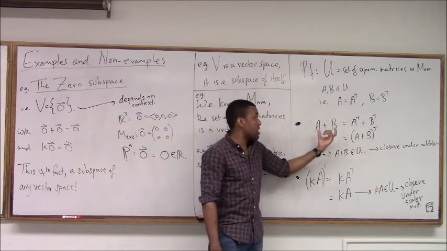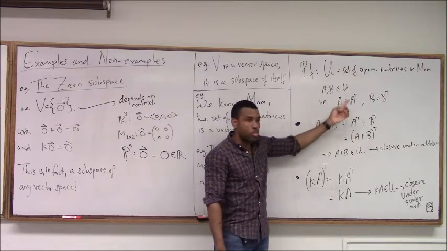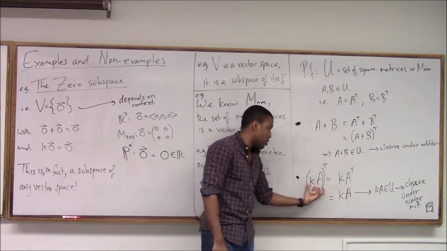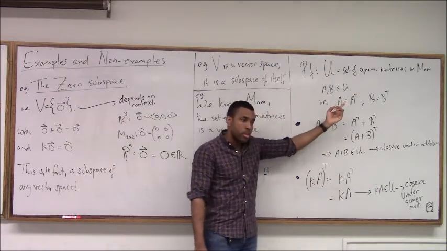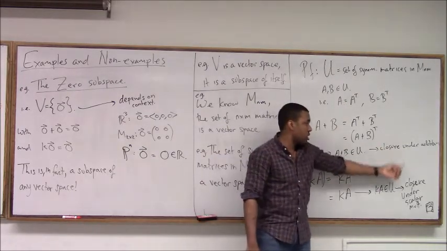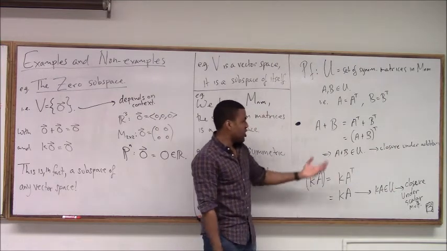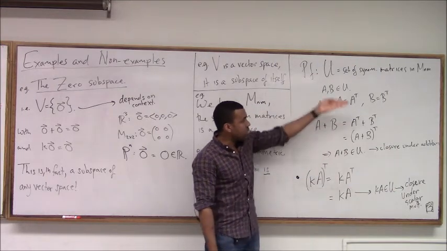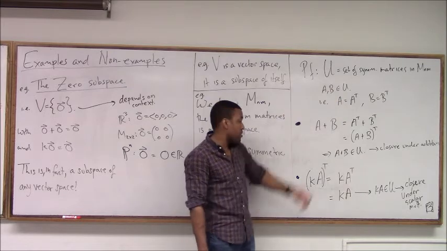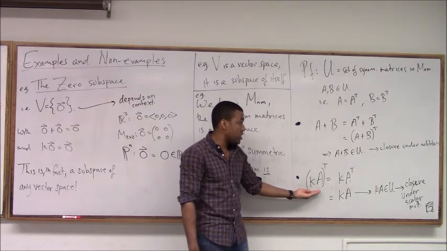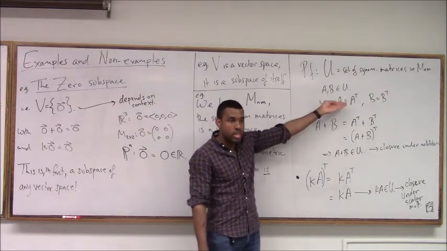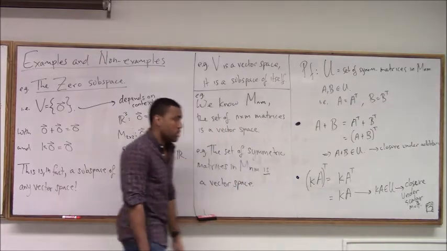You need to show that the sum has that specific property, and that the scalar multiple has it too. So when showing closure under addition and scalar multiplication, you're showing that if I add two vectors, the result has the same property as the individuals, and if I multiply a vector by a scalar, it has the same property too. Those are the two things you have to check.